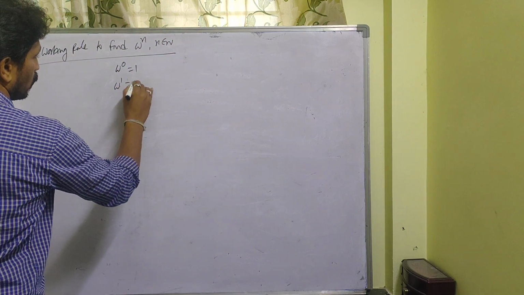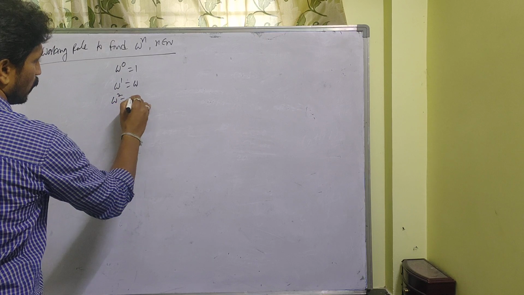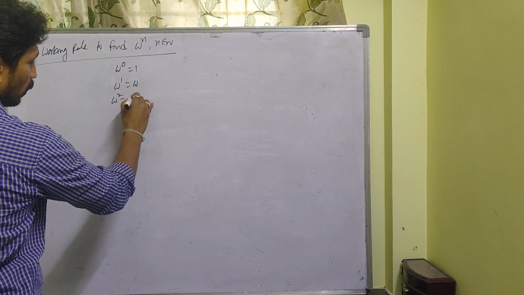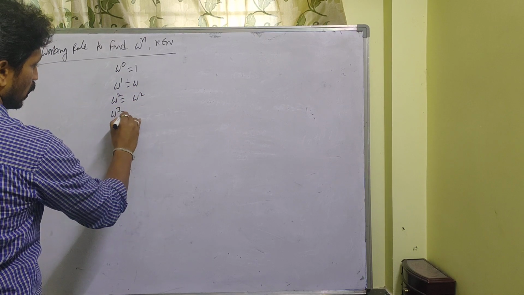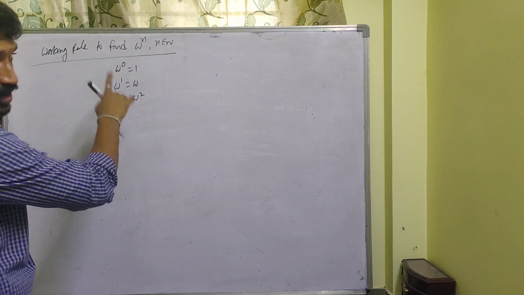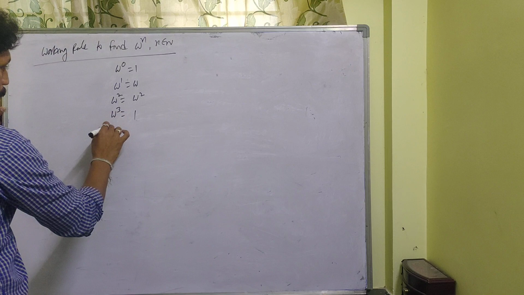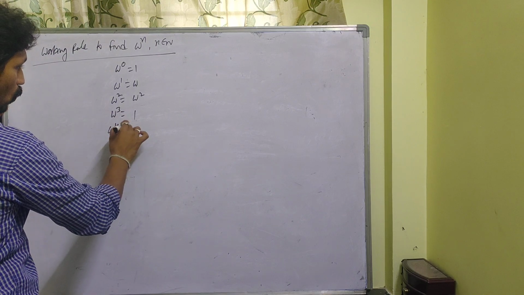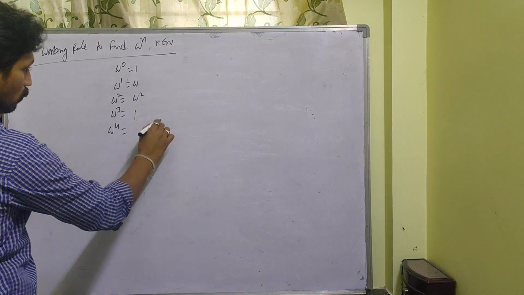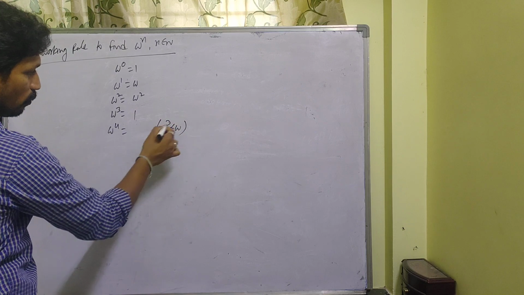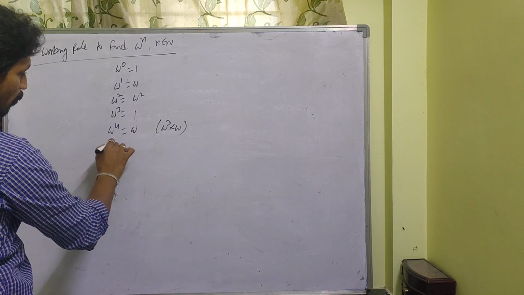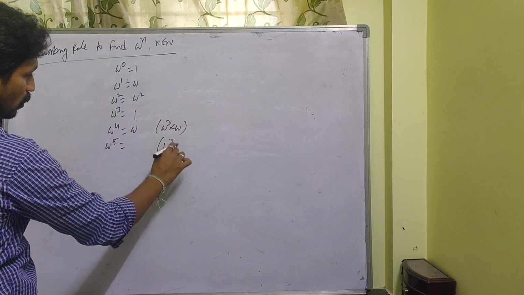So omega power 1 is omega. Omega power 2 means omega square. Omega cube means omega into omega square. That omega cube value already we know is 1. Omega power 4 means again omega cube into omega. So omega cube is 1 into omega. Omega power 5 is omega cube into omega square.